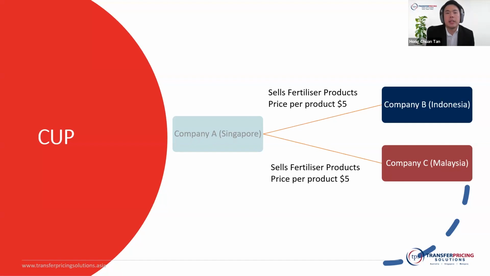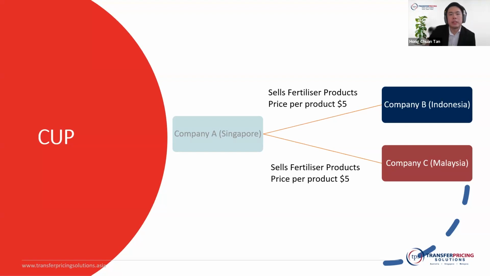In this scenario, let's assume that company C and company A are related parties, and company B is a third-party customer, where we could utilize the fertilizer product sold to B and compare it against C by going through comparability factors and ensuring that each factor is correctly assessed and they are highly comparable, to make sure that they can be compared, right?